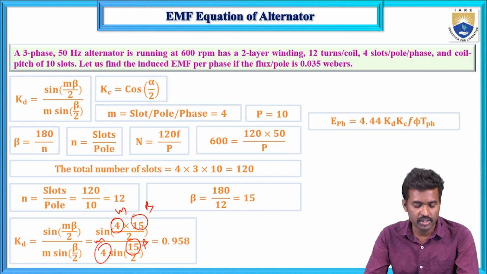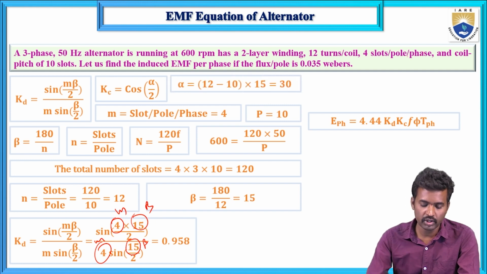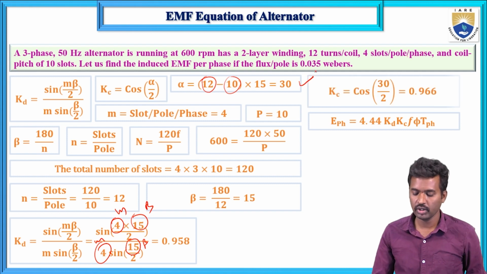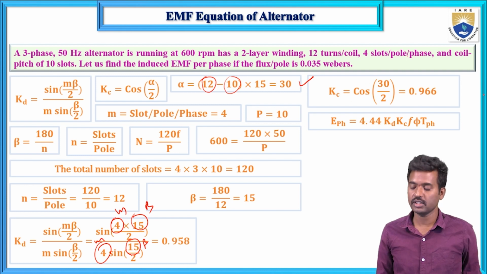If you simplify this, the value equals 0.958. For the calculation of alpha, the slots per pole are 12 and the coil pitch is 10. So 12 minus 10, into the angle 15, equals 30 degrees. Now Kc equals cos of 30 by 2, that equals 0.966.